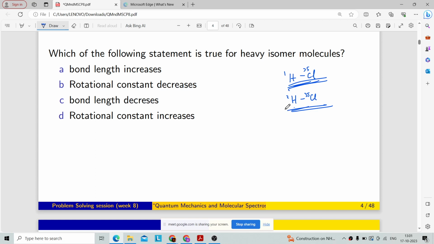Okay, so if the isomer is heavy, then the bond length will decrease. So this is HCl, R naught is the bond length, and this is T, that means there will be one proton and one neutron.